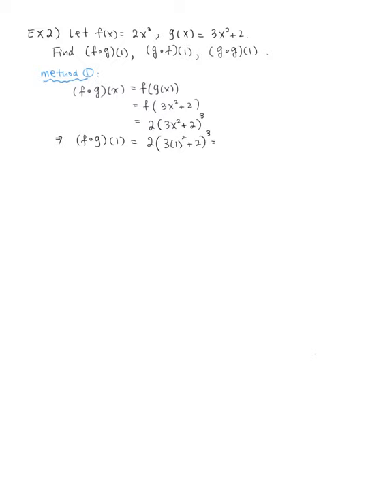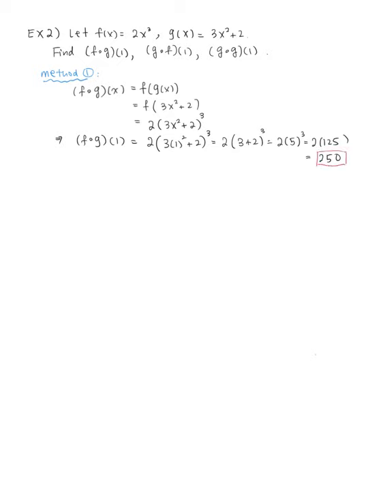So 1 squared is 1, so you're going to have 3 plus 2 to the third. So this is 2 times 5 to the third, and 5 to the third is 125. I'm running out of room. So 2 times 125 is 250. So here's one way to do it.